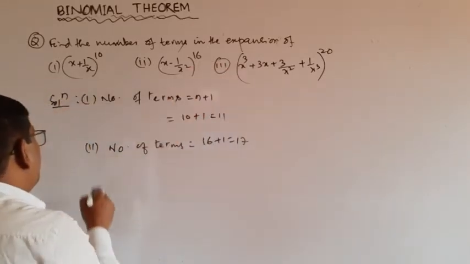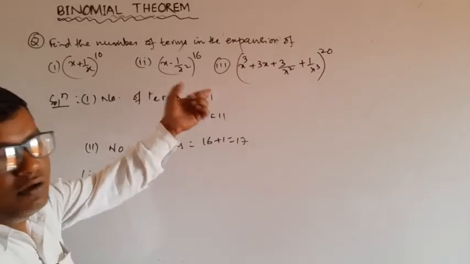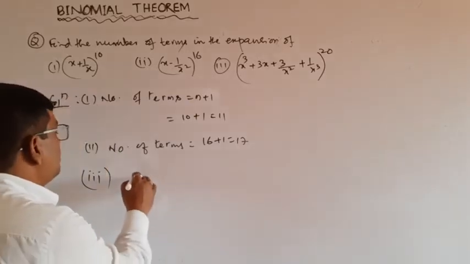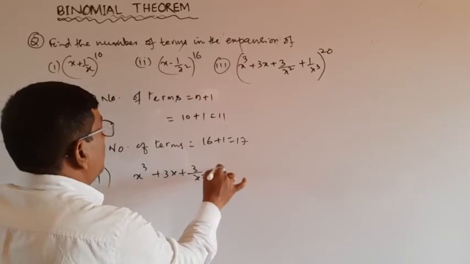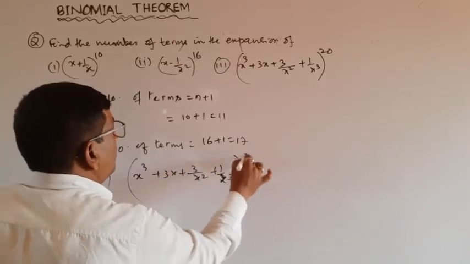But in case of the third, it is not in binomial expression. Now try to convert it to binomial expression. So this is x cube plus 3x square into 1 by x plus 3x into 1 by x square plus 1 by x cube, whole to the power 20.